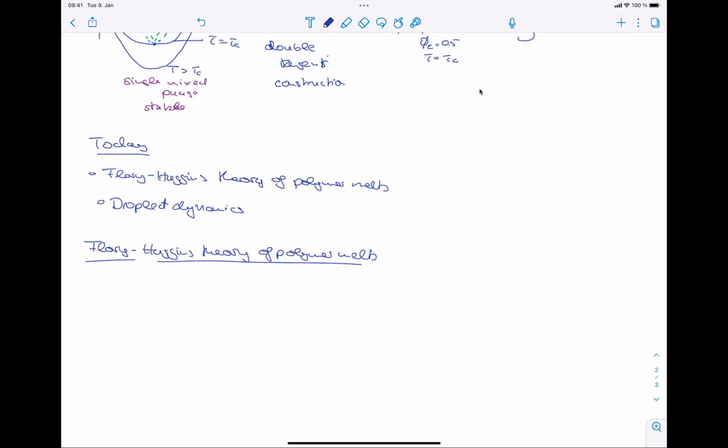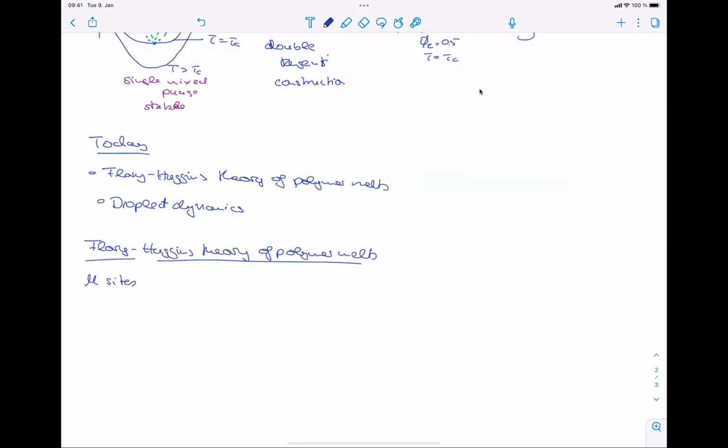And so the setting that we now consider to estimate this entropy correction is to say we have, say, M sites of our 2D grid. And now we have n polymers of N monomers each.